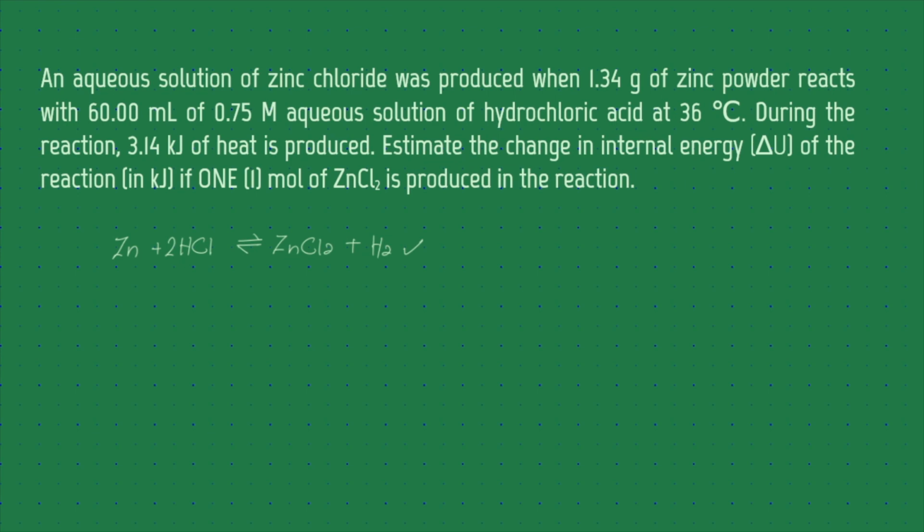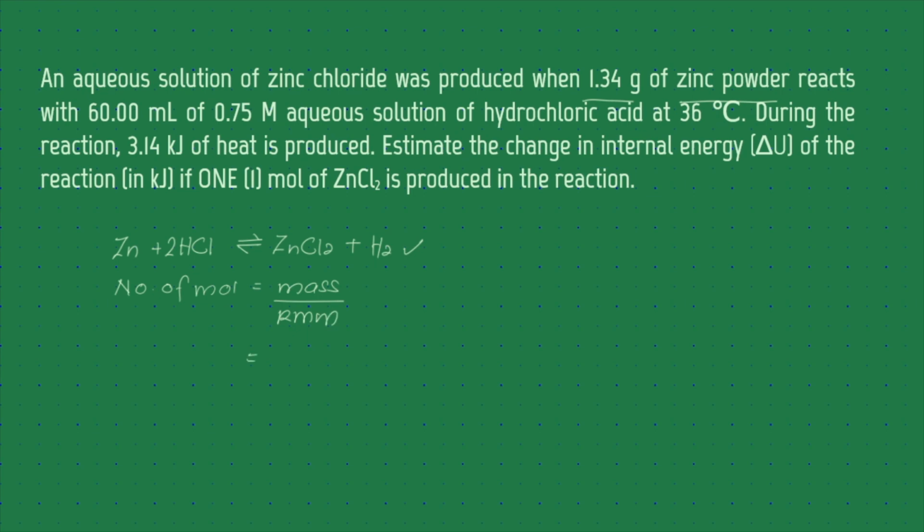Next, since we are given the mass of zinc powder, we can calculate the number of mole for the zinc. So the number of mole is equivalent to mass over RMM.